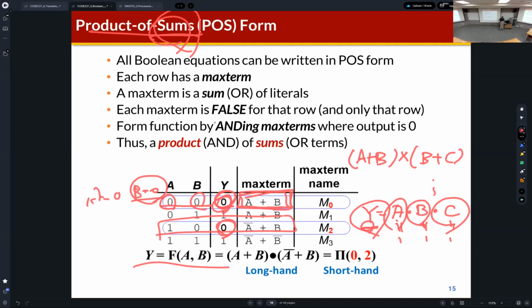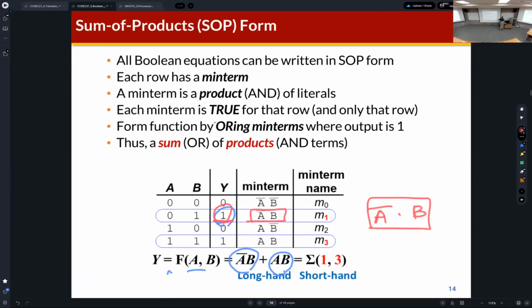Okay, so in order to generate the POS form from the truth table, we need to think inversely. Actually, in order to generate the SOP form from this truth table, we can think straightforwardly. Which means that we can find some rows that can make y 1, and by combining these min terms that can make y 1, we can generate the sum of product form from the truth table.